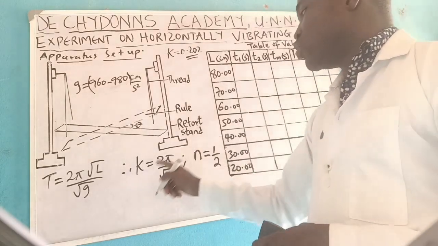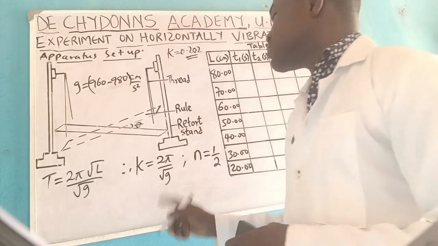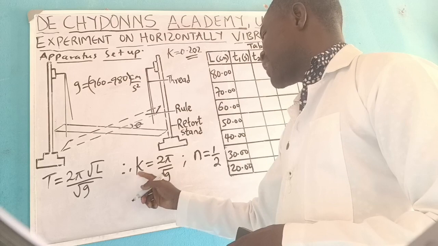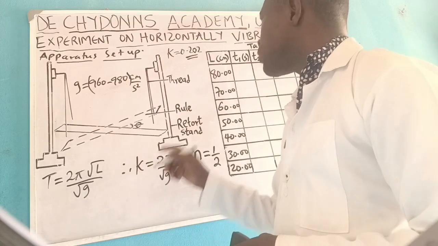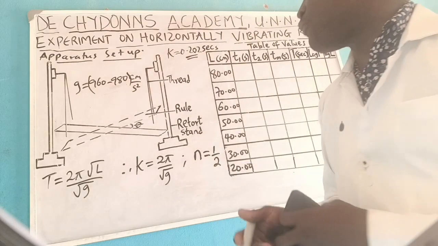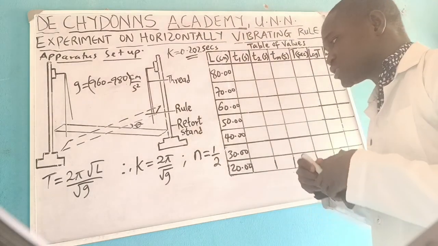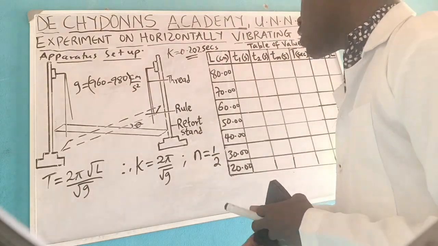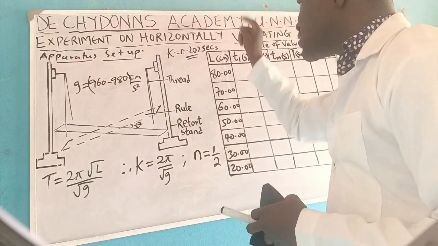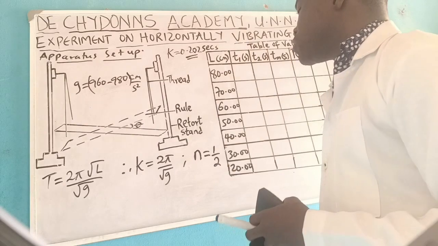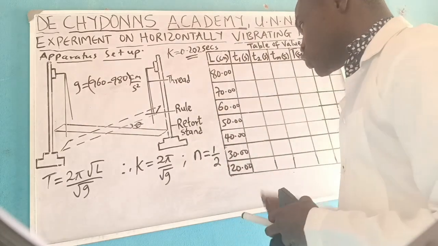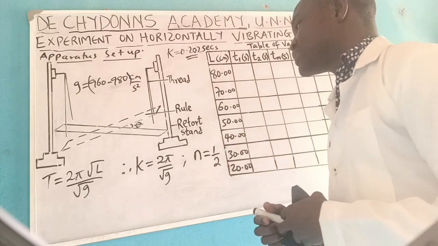Note this. Then when you check for K, the unit of K should be in seconds, because after the calculations are done, it will leave you in seconds. 1 over 2 has no unit.